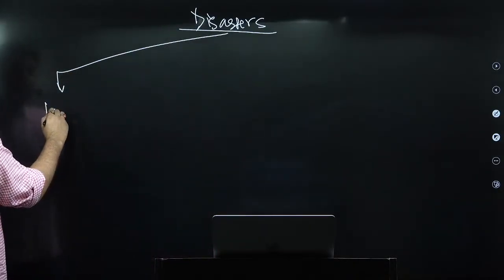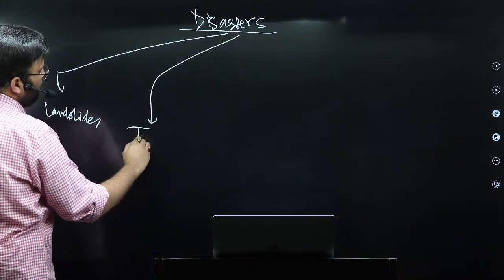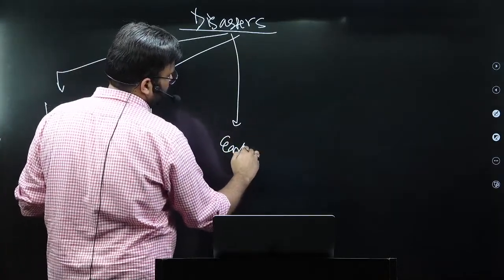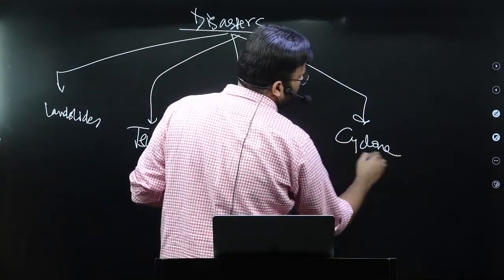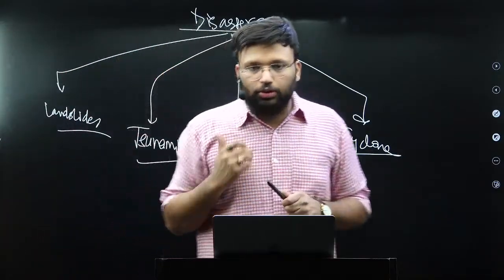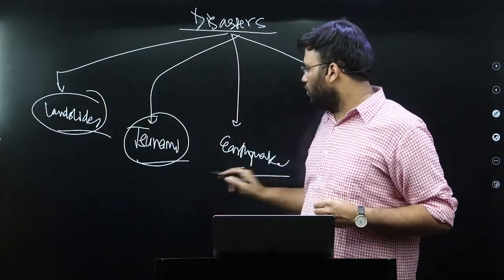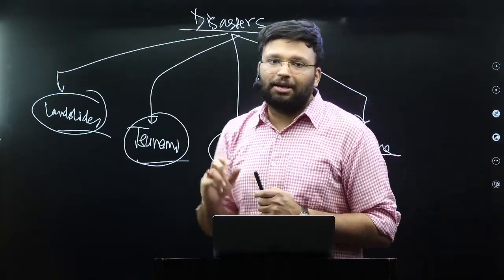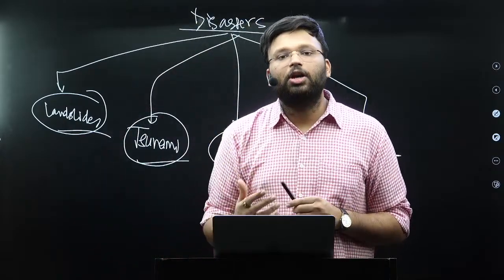You name landslides, you name tsunami, you name earthquake, and so on, cyclone, right? Keep information of 2-3 incidents, 2-3 major disasters which happened in each of them. For example, when it comes to earthquake, if you are not mentioning the Bhuj earthquake when we are talking about earthquake management, then your answer is not complete.